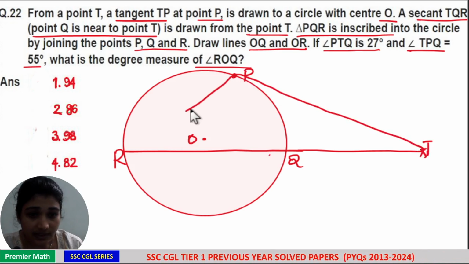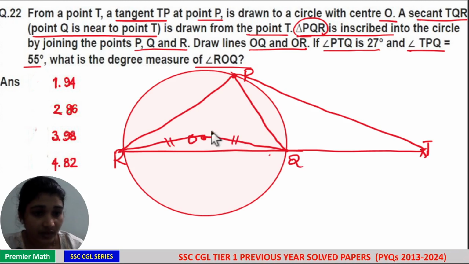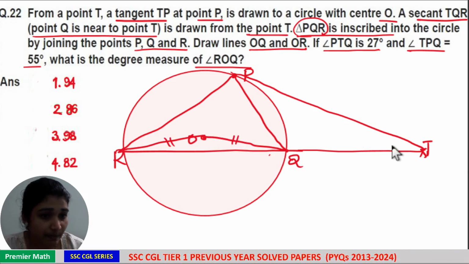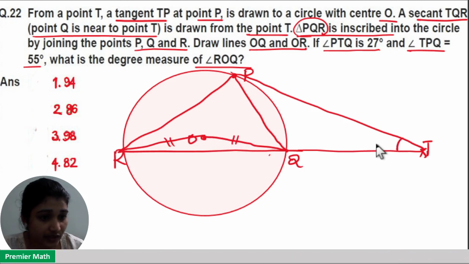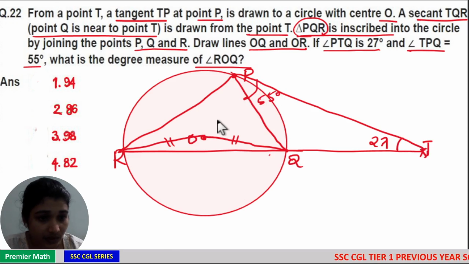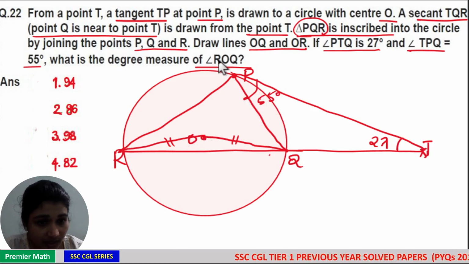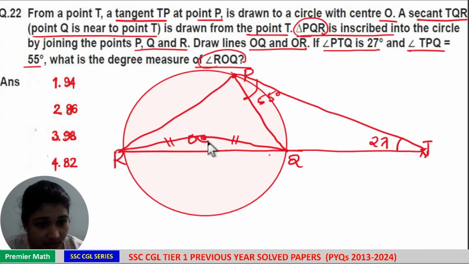And connect the lines PQR to form a triangle. And here draw lines OQ and OR from the center. Now these two are radii. And here angle PTQ is equal to 27 degrees and TPQ is equal to 55 degrees. Now here we have to find the angle ROQ. This is ROQ.